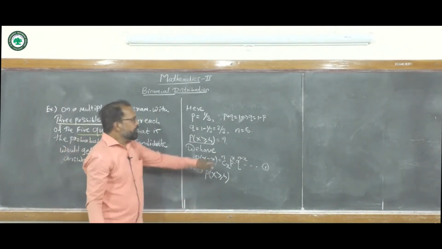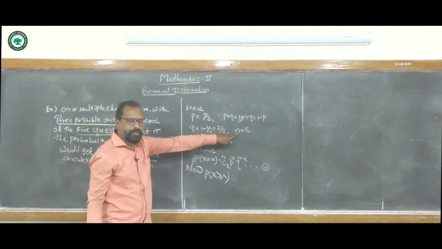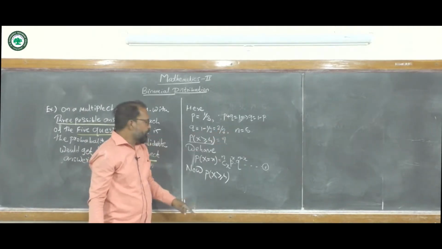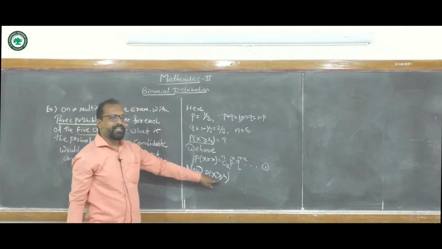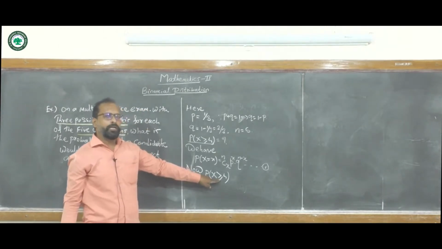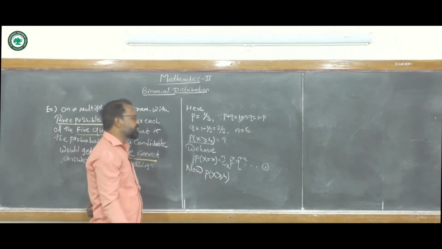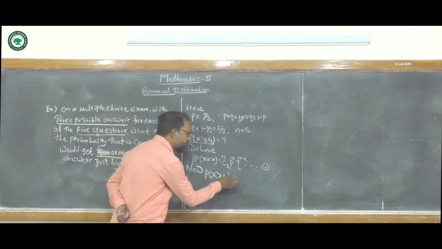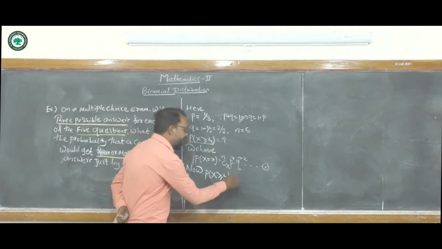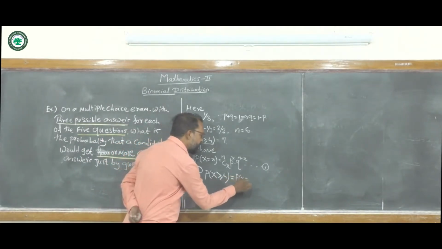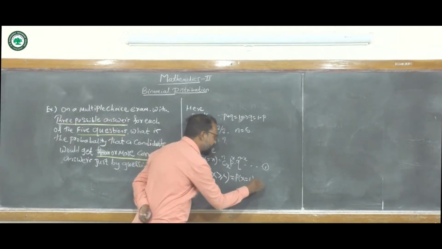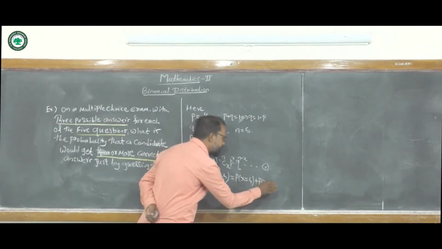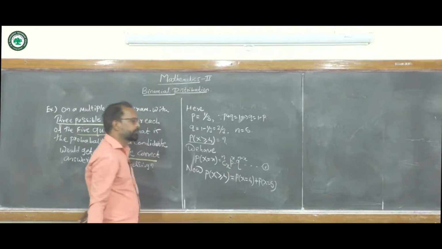Since only 5 questions are given, for probability of x greater than or equal to 4 there are only 2 cases, that is, x equals 4 and x equals 5. So this can be written as probability of x equals 4 plus probability of x equals 5.